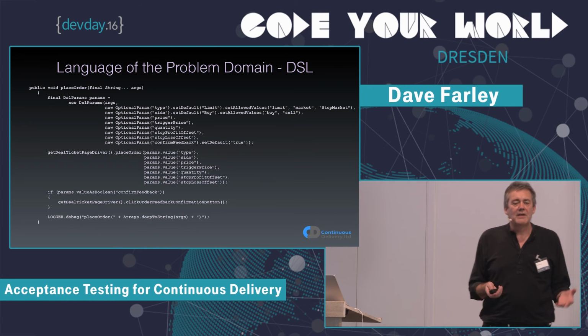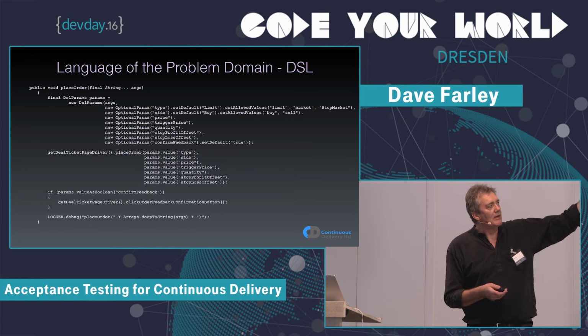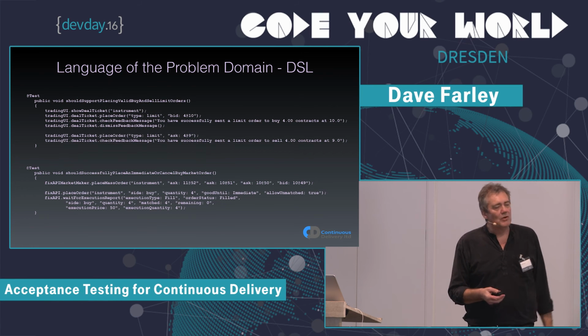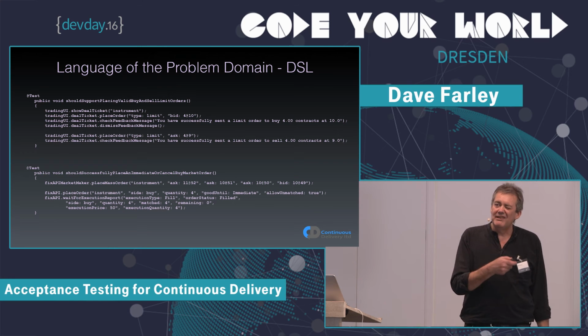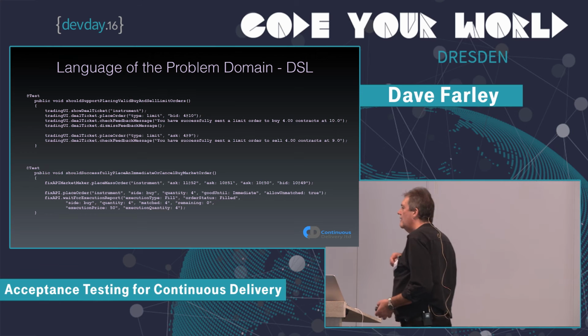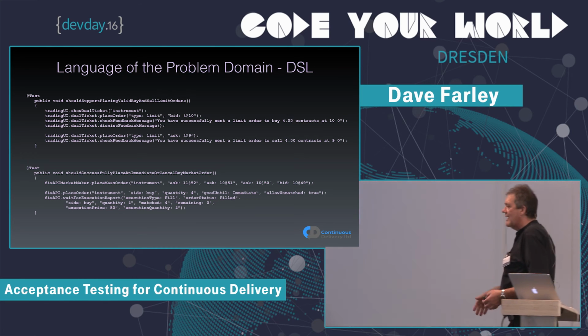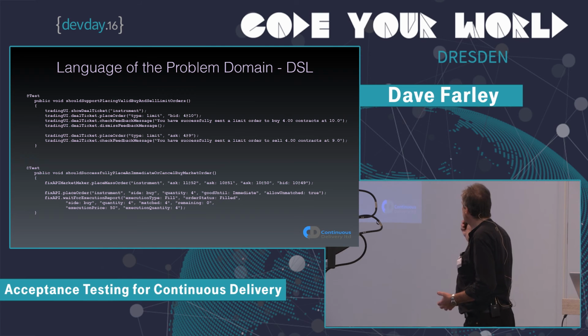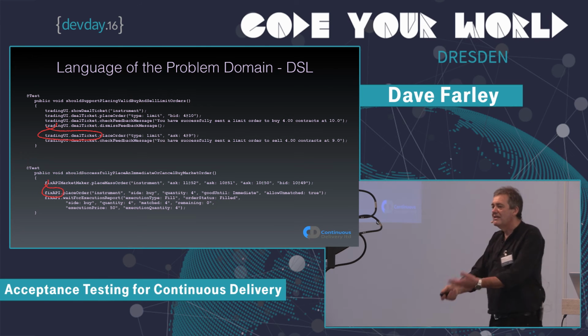We worked on this for a while, and the bulk of our tests looked like this. And after a while, we realized that this didn't really fulfill our needs. If we wanted to translate this from the user interface to some other interaction, they were too different. We were too obvious about the difference in channels. So this first red bit is describing that this is part of the user interface.